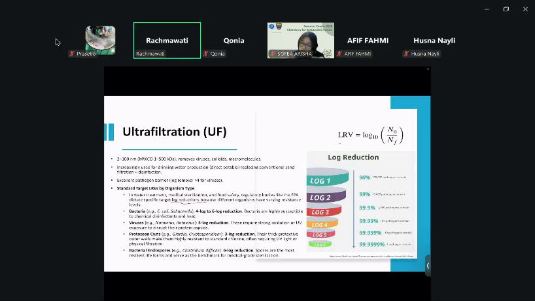Now the LRV itself is calculated like this, and when we say it is log 1, it means 90% retention. So you expect that 100,000 pathogens still remain in the system. But if you have, for example, log 5 or log 4, then you have 99.99% retention. So let's say only 100 pathogens remain. And if you have a higher log, like log 6, then only one pathogen remains.